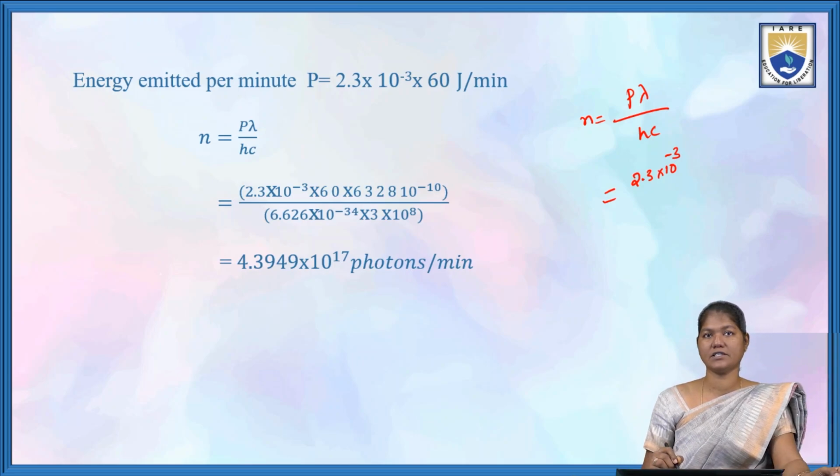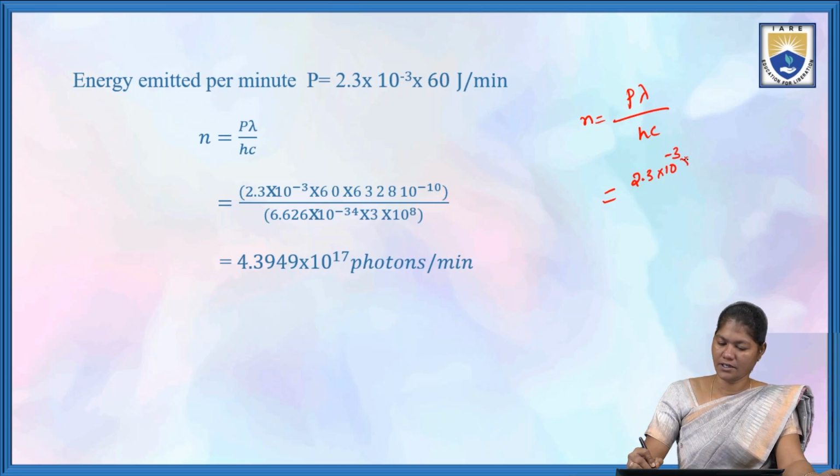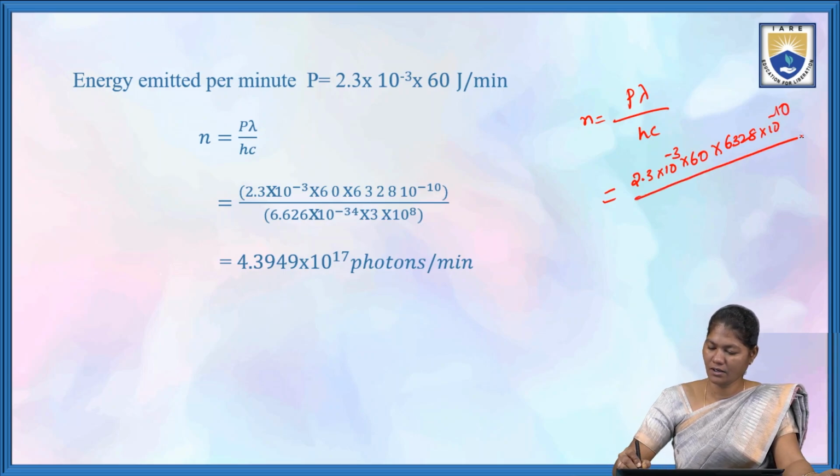Since it is mentioned per minute, we multiply by 60. And lambda is 6328 into 10 power minus 10, divided by h, 6.625 into 10 power minus 34, into c, the velocity of light, 3 into 10 power 8.